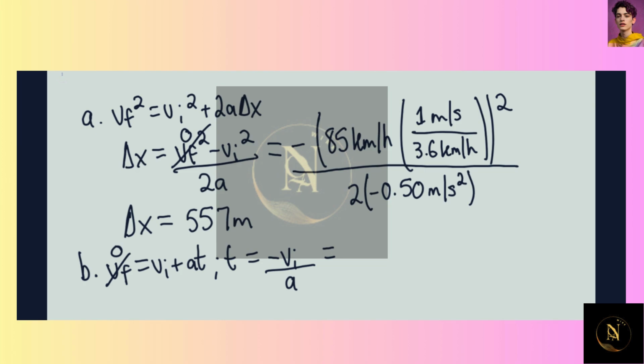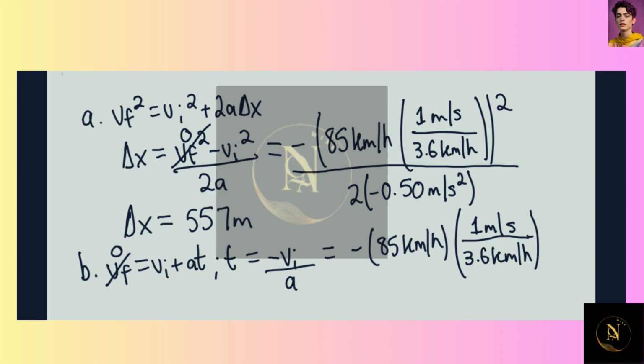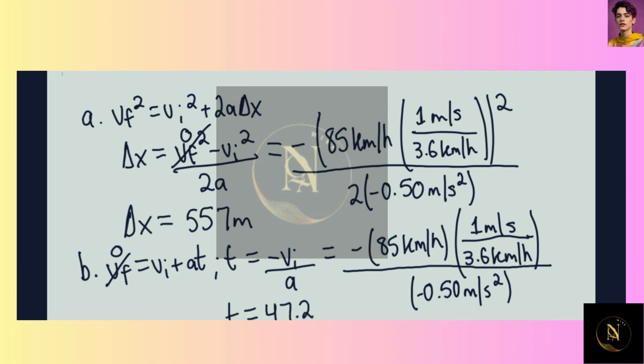So this would be equal to negative, again, 85 kilometers per hour multiplied by 1 meter per second for every 3.6 kilometers per hour. And this is going to be divided by a, so this would be negative 0.50 meters per second squared, and we find that t is going to be equal to 47.2 seconds. So this would be your answer for B.